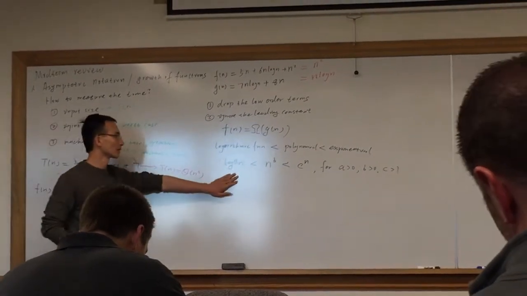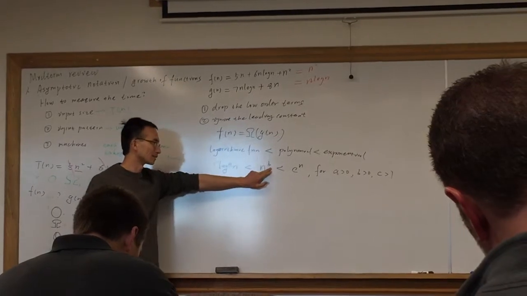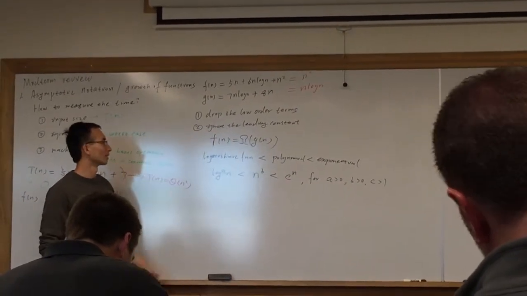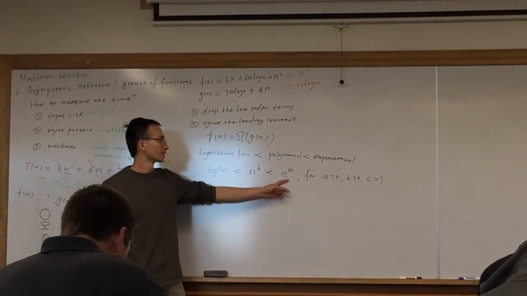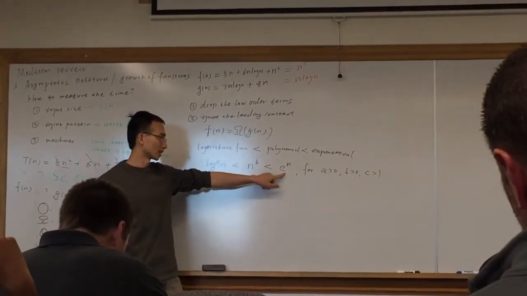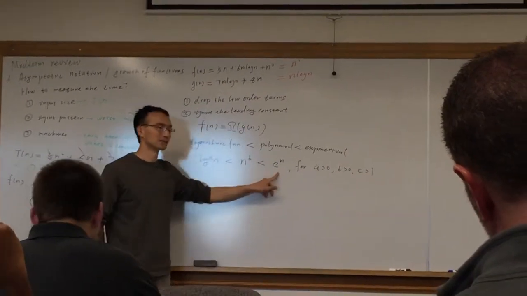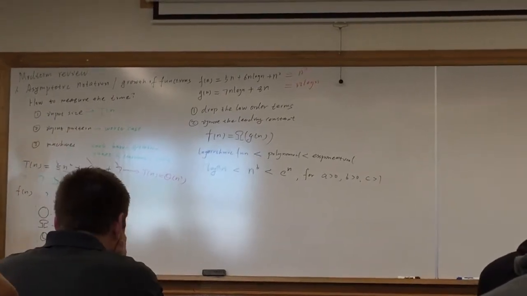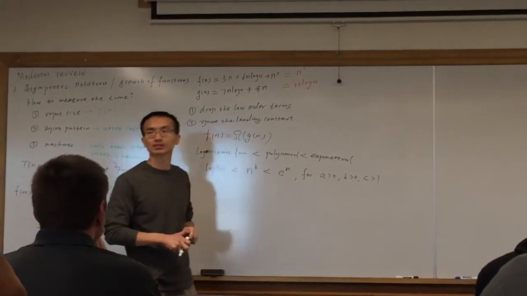So the logarithmic function, whatever b is, 100, 1,000, whatever, as long as it is positive, the polynomial is always larger than the logarithmic. And for any exponential, as long as c is larger than 1, it's always larger than the polynomial. Questions?